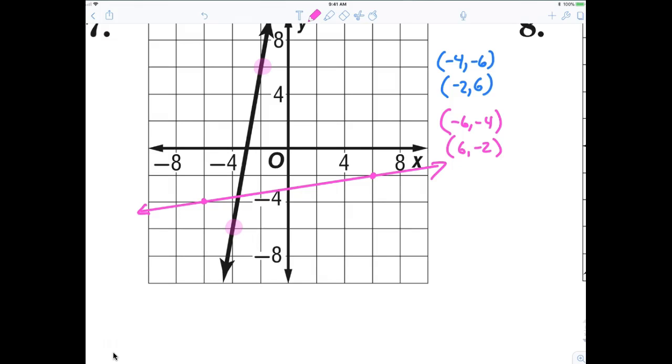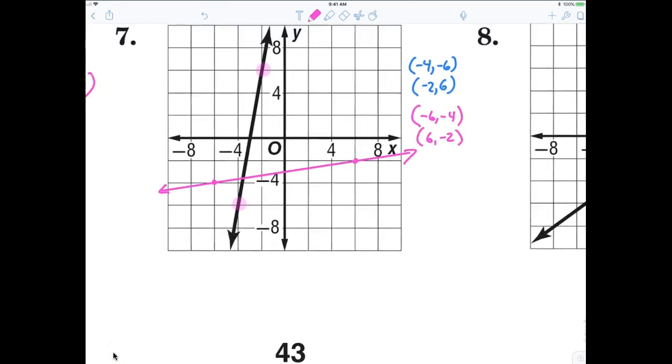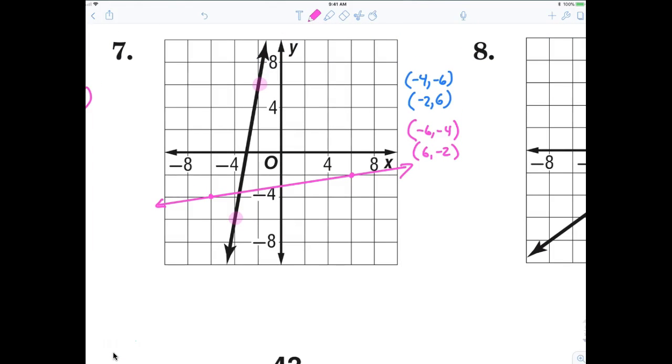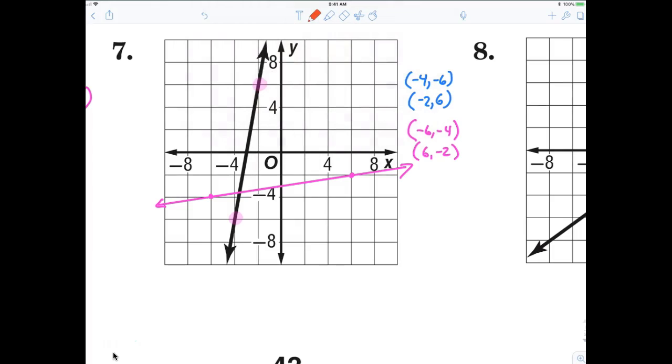All right, pretty easy, correct? Now, I was going to not show you this, but I'm just going to go ahead anyway. Look right here, guys. Anytime you graph the inverse, it's always reflected on the line y equals x. So watch this. If you were to draw y equals x, everybody see those are mirror images of each other?